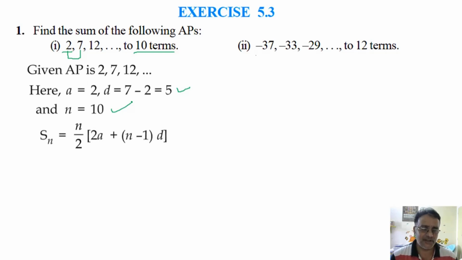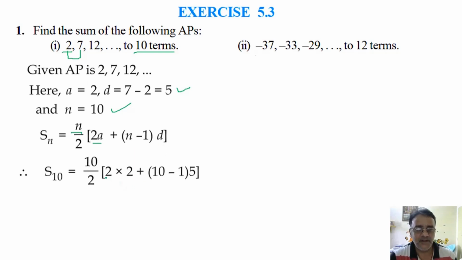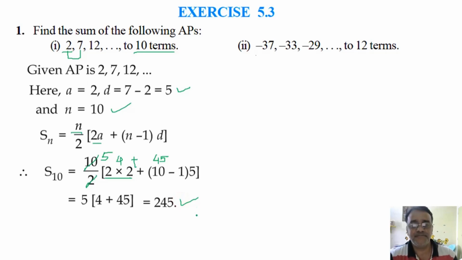So we substitute all the values: 10 by 2, 2 into 2 plus 10 minus 1 into 5. We get 4 plus 9 into 5, 45. This can be cancelled, so we have 5 into 49, that is 245. Any doubt here?